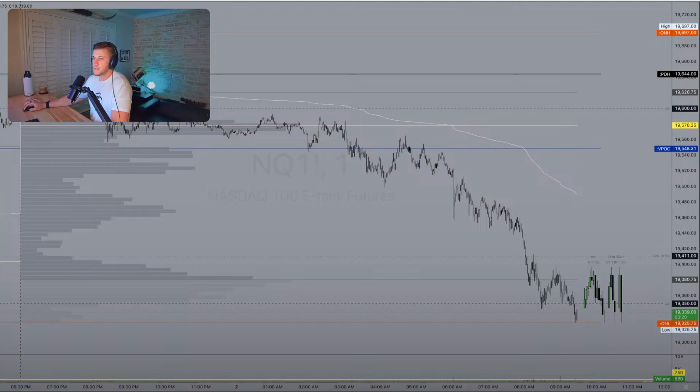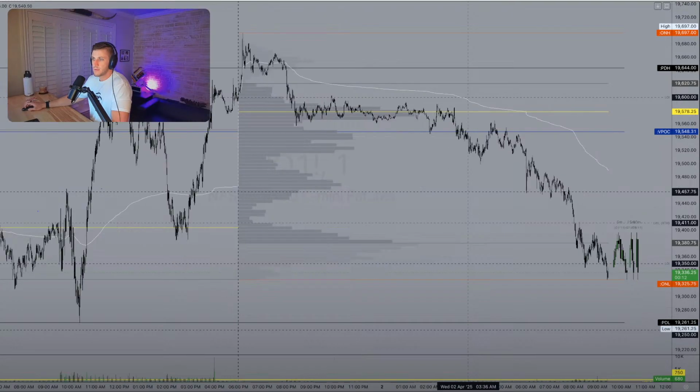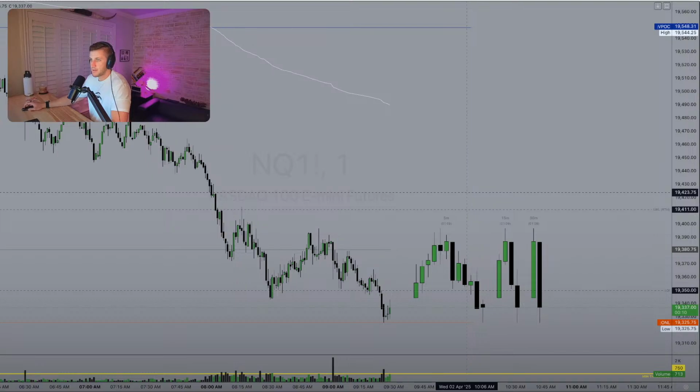Session volume point of control. It's technically up at 578, but you do have this high volume node right here at 380. And overnight low 325 right now.